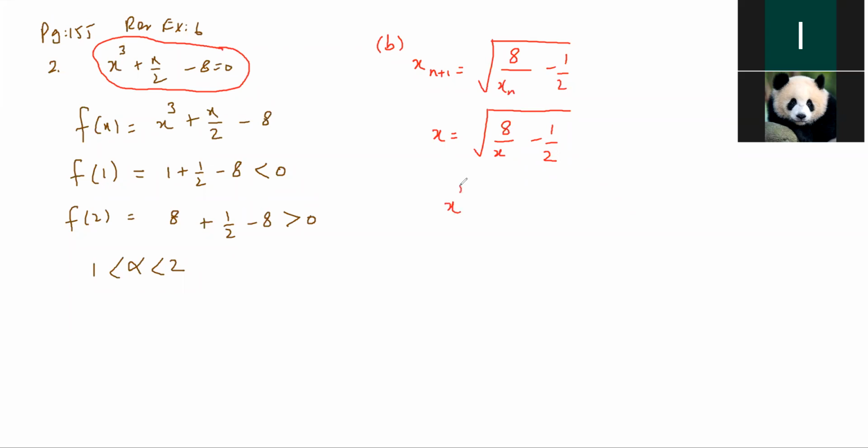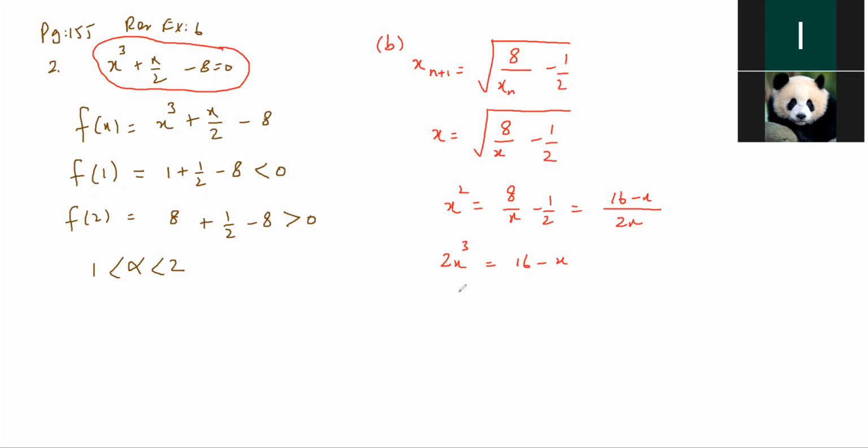So I'll be squaring both the sides. This is x squared equals 8 over x minus half. And I take the LCM here, which is going to be 2x. And this is 16 minus x. Okay, I do that cross multiplication. I have 2x cubed, that is equal to 16 minus x.